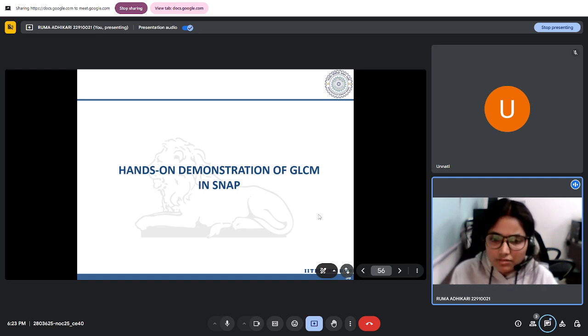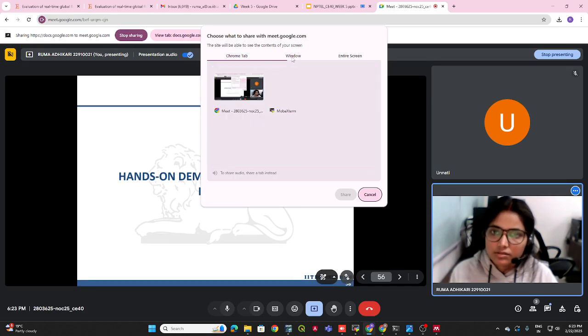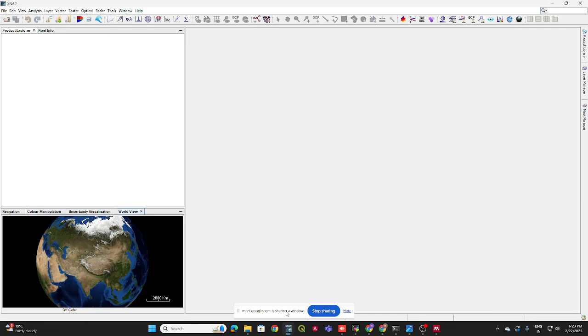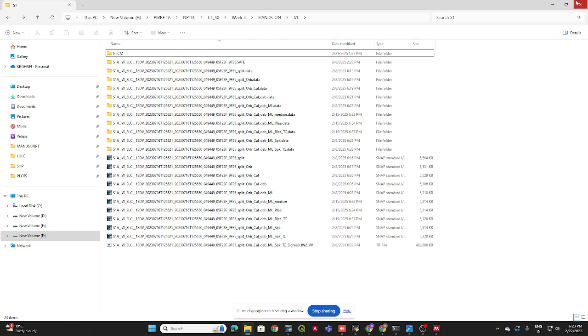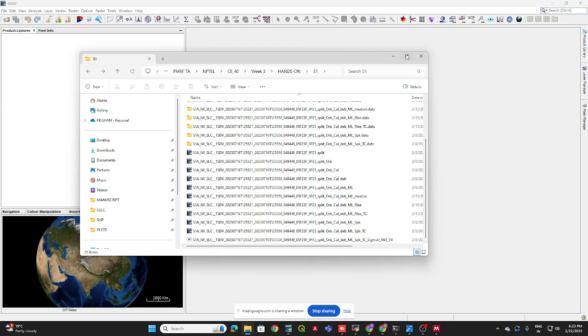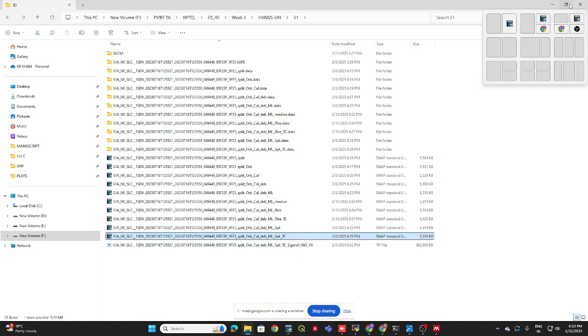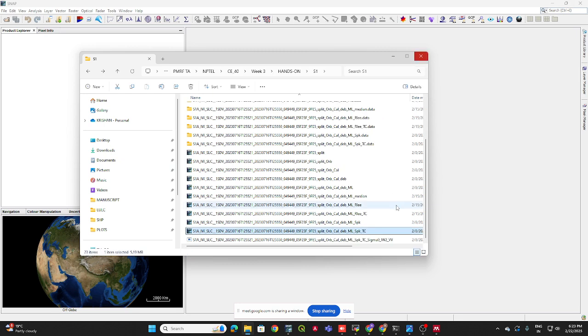So now I will show in SNAP, let me show you my window. We already processed a few data, Sentinel data and central one data. Today we have processed the pre-processing steps that are important whatever you want to do.